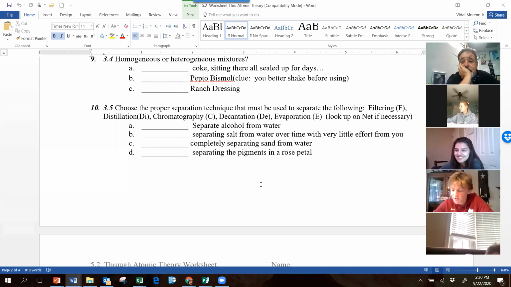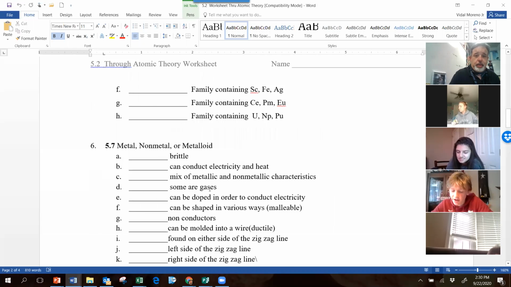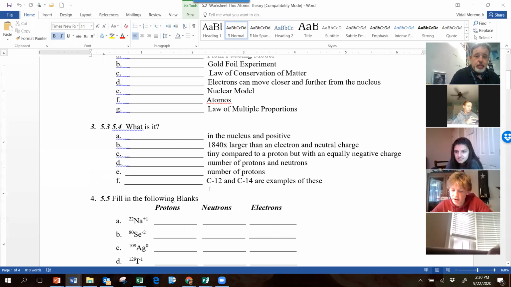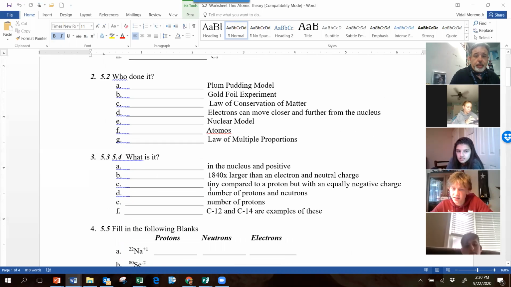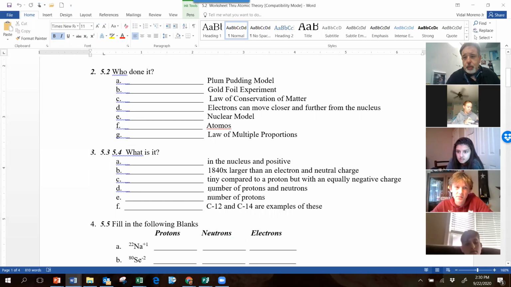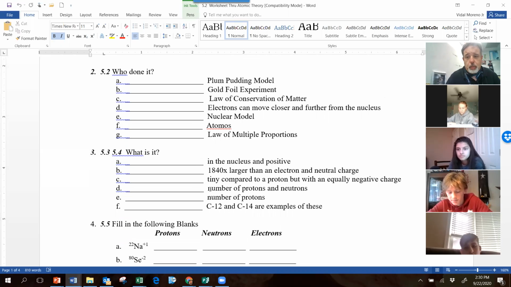That's chapter 5. Never mind. Shoot, might as well. I'm bored. Well, I was going to ask for the test on Friday for the first page of 5.2, the who done it. I was going to ask if something like that was going to be on there, but then I remembered that was going to be chapter 5. In time, you will have a test on that.